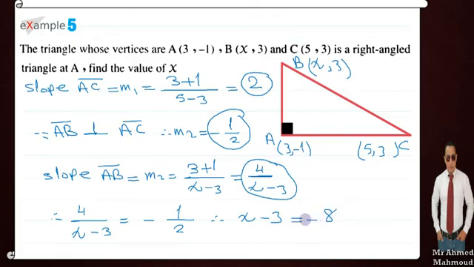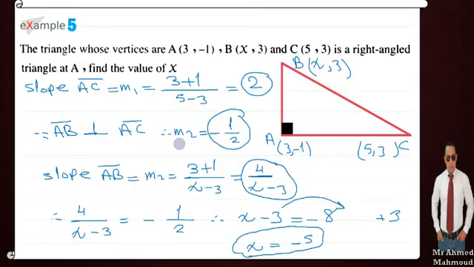I will send negative 3 there, it will be plus 3. So x equals negative 8 plus 3, which equals negative 5. I have another way to solve this one by making m1 times m2 equal negative 1. Both are correct and both are easy.